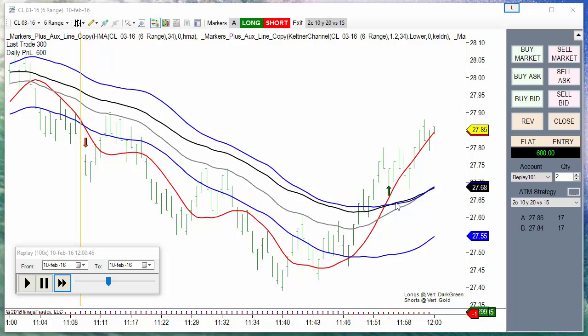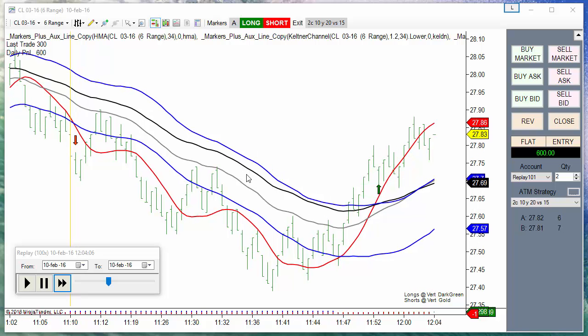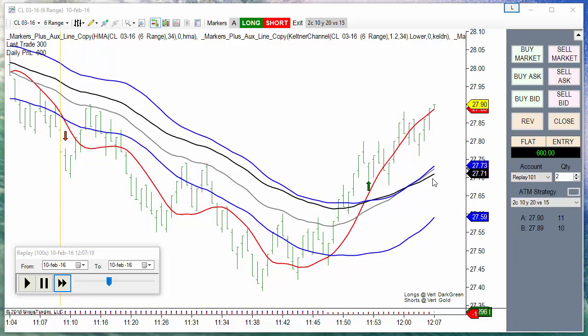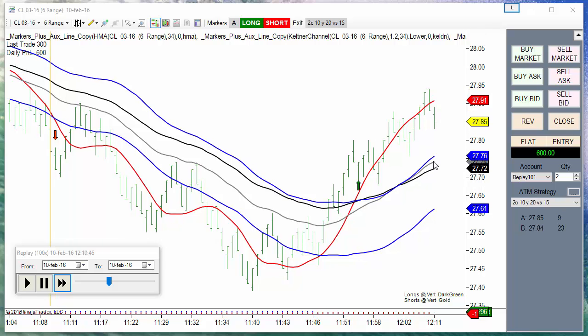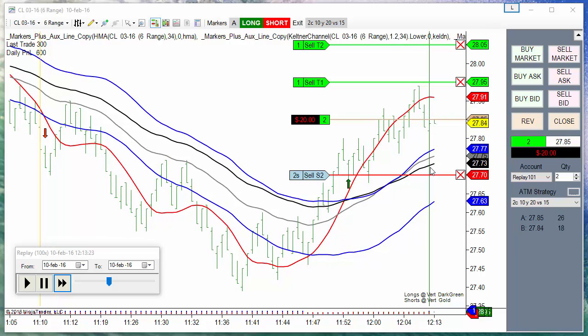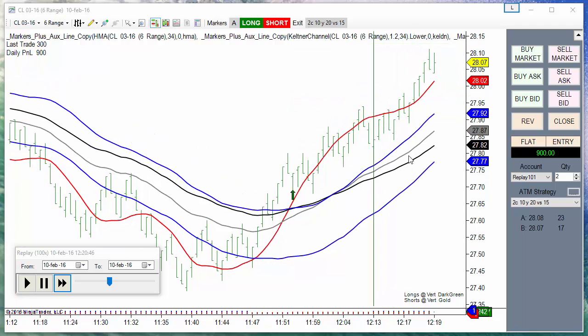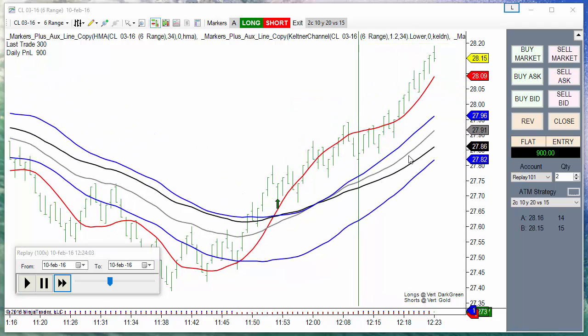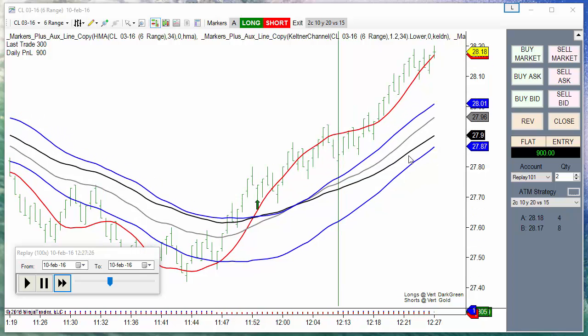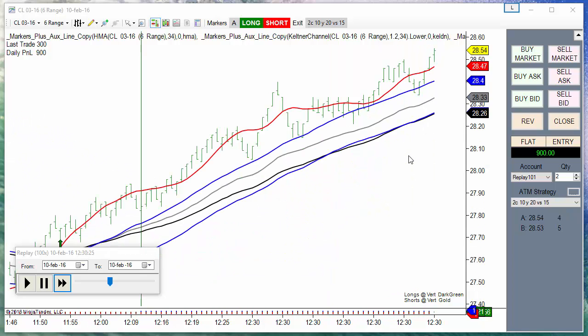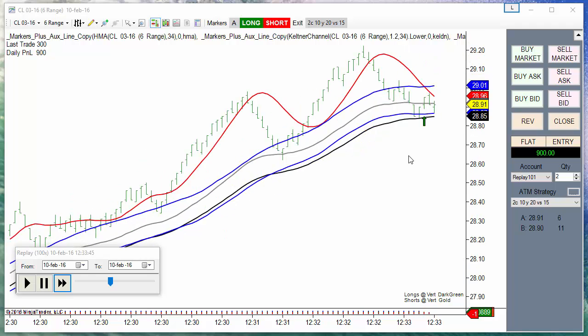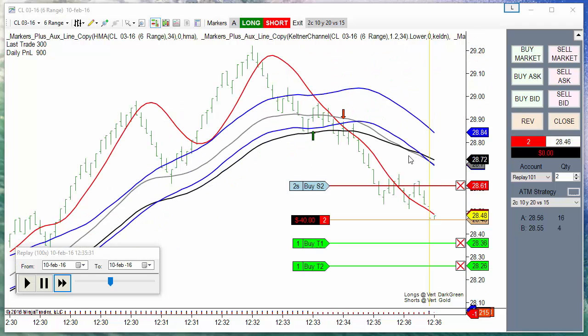This crossover is not taken because the moving averages are not aligned. Gray and black are not. Order filled. Now they are aligned. Target filled. Order filled.